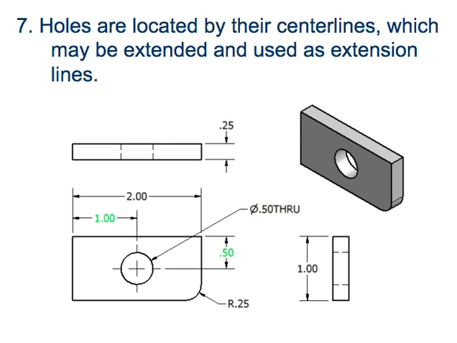Next one, holes are located by their center lines, which may be extended and used as extension lines. So as I said before, extension lines for the width, for the height, and for the depth. These extension lines cannot go through your shape. So as you notice right here, you have the full width, right?